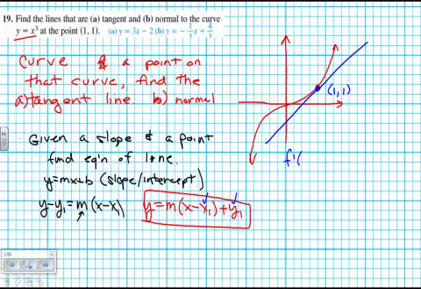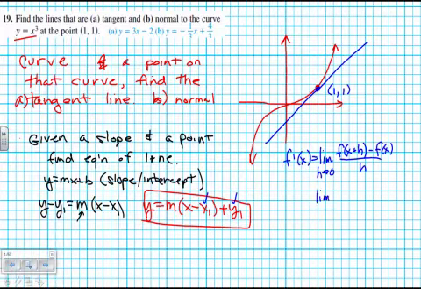f prime of x is equal to the limit as h approaches 0 of f of x plus h minus f of x all over h. That's straight definition.